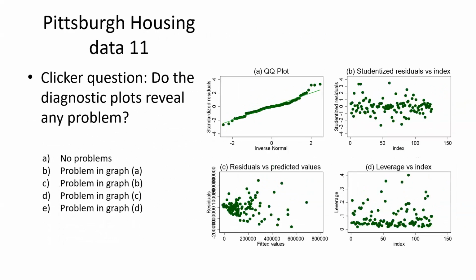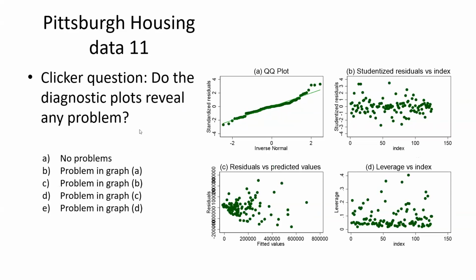Yeah, here is the Pittsburgh housing data. So the dependent variable is the price of the house, and the independent variables are number of rooms, lot size, age of the house, number of bathrooms, things like that.